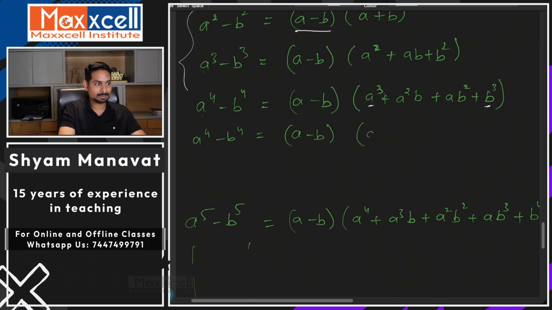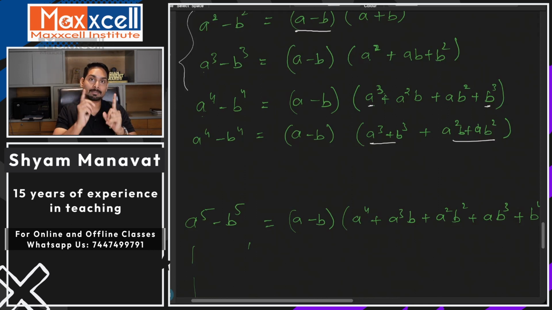If I take this together, I can further factorize this a cube plus b cube, and I will have a square plus a square b plus ab square. Here, I rearrange and write it like this. Please try understanding. If not, don't worry, learn the final outcome. That is also fine.